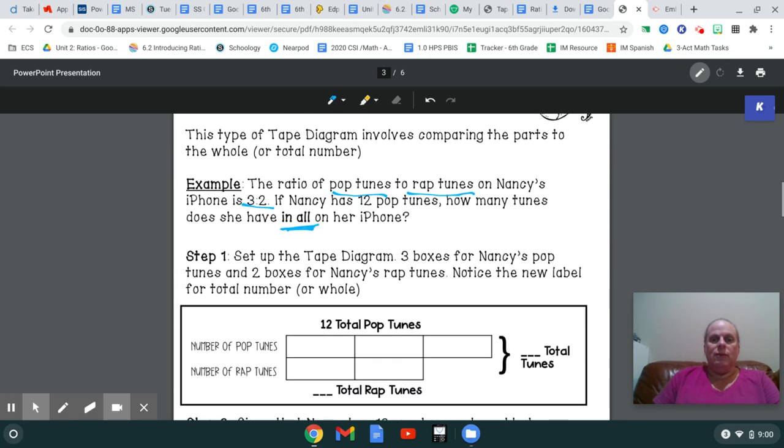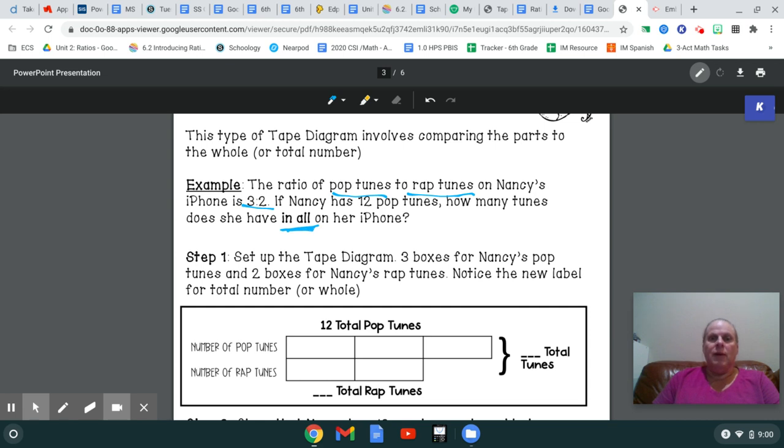Well, let's go ahead and think about this. We want to set up the tape diagram. We're going to have 3 boxes for those pop tunes and 2 boxes for the rap tunes. That's to represent the ratio of 3-2.